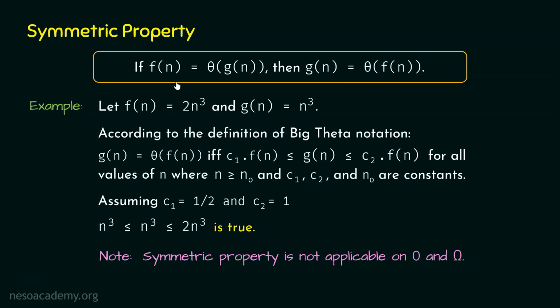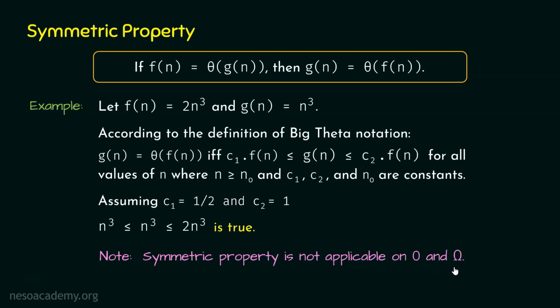If we are saying Fn is big omega of Gn, this means Gn is asymptotically lesser than Fn. If we are saying that Gn is asymptotically lesser than Fn, then how can we say Fn is also asymptotically lesser than Gn? So symmetric property is not applicable on big O and big omega notations.